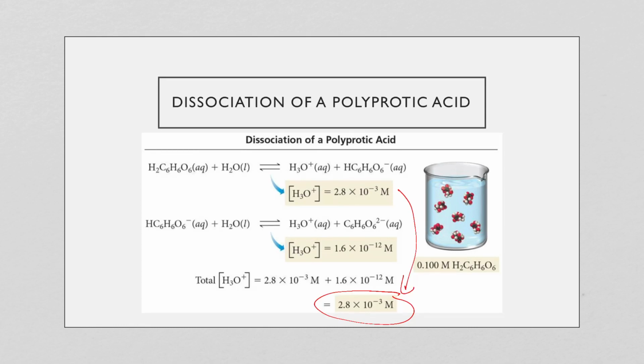So when you have these differences in the amount produced in the first and the second, you see that any hydronium produced in a later ionization is insignificant compared to what's produced in the first ionization. It's a little justification of why we can ignore everything that comes after the first ionization, again, except for sulfuric acid. Okay, so polyprotic acids.